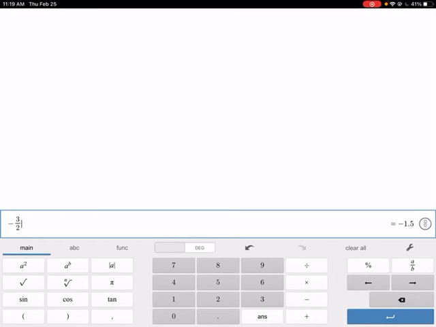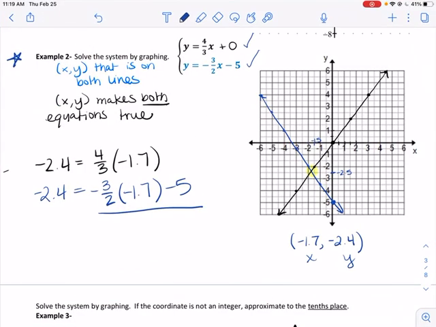There we go. Times -1.7, and we said minus 5. So it's -2.45, which is very, very close. So it looks like I have an answer that is approximately there. It's not exactly equal, so really these equal signs should look like those squiggly lines. So I'm going to say it crosses at approximately -1.7, -2.4.